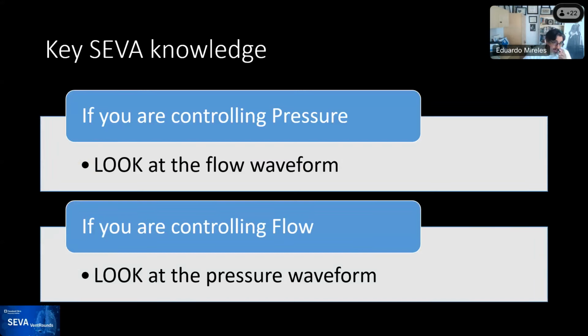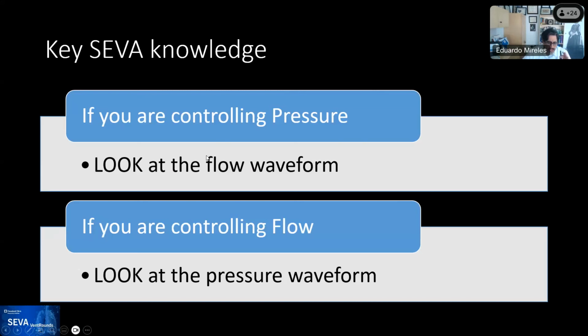In the next waveforms that you're going to see, I have not put the mode, but just from the waveforms you're going to be able to recognize it. If you're controlling the pressure during inspiration, you're going to look at the flow waveform. That's where your eyes will go.